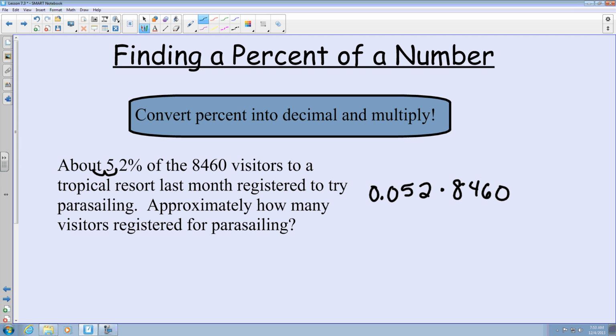Then I will know approximately how many visitors registered for parasailing. So if I take 8,460 and multiply it by 0.052, I get a number of 439.92. And since you can't have 0.92 of a person, we'll round this up to 440 people or 440 visitors. Okay.